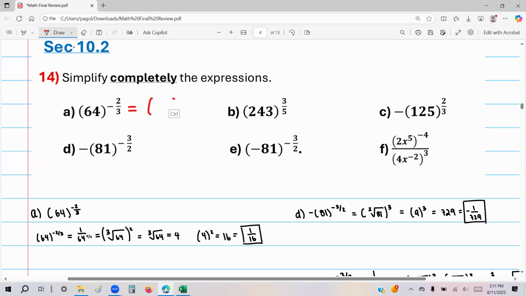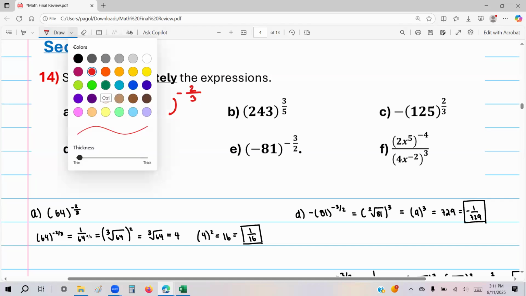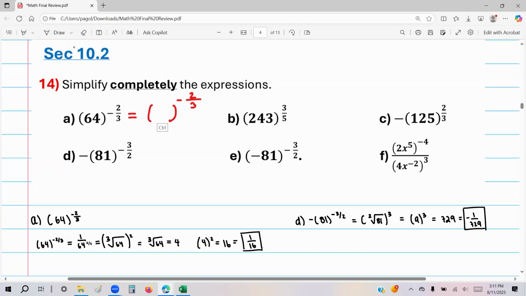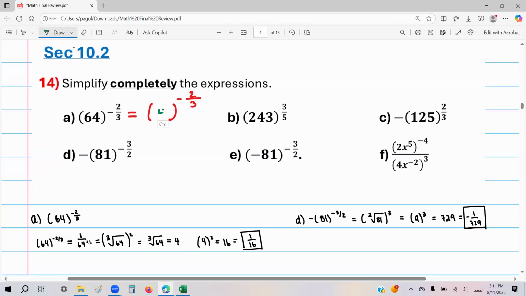So we are looking for some number multiplied that many times as the denominator. Our denominator is 3. So how can you write 64 as some number to the power 3? What number to the power 3 gives you 64? 4. So you rewrite the inside: 4 to the 3 will give you 64.